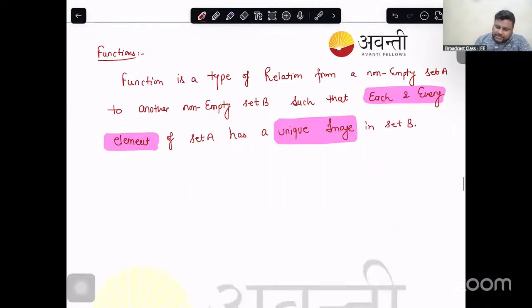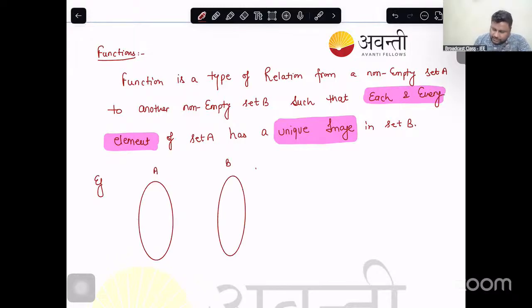Let us take an example from a mapping. Like this is your set A and this is your set B. Say there are elements 1, 2, 3, 4, 5. Here are elements say 2, 4, 6, 8, 10, 12. Now what happens if it is a relation?